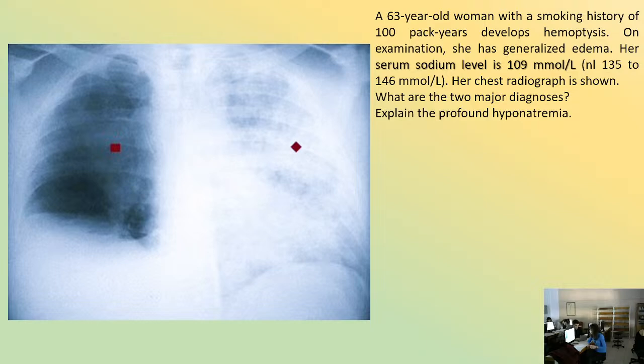Which organ is responsible for the concentration of the sodium in the blood, and where else? In the urine. Okay, so it's the kidney. So is there a factor having to do with this inability of the kidney to produce urine, and so the serum sodium is very low?